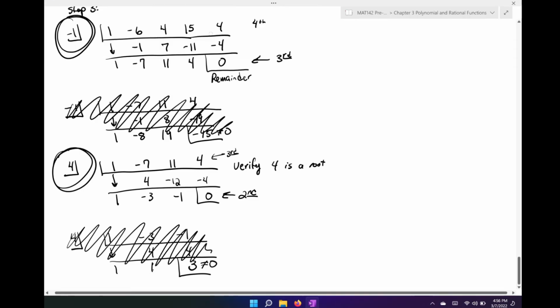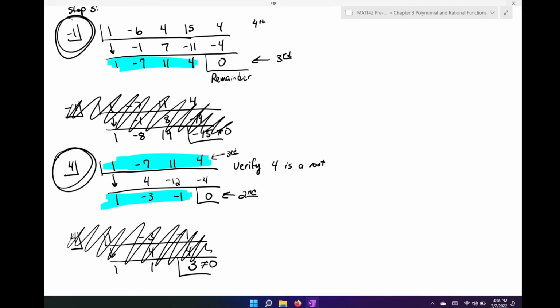What we did is we took -1, synthetically divided our polynomial, and we got this third degree polynomial. Then we took that result, highlighted in blue, and we synthetically divided 4 by it to get this result, which is a second degree polynomial. Now, before I tell you what happened, I want us to go all the way back to the definition. I'm going to come all the way back up here.